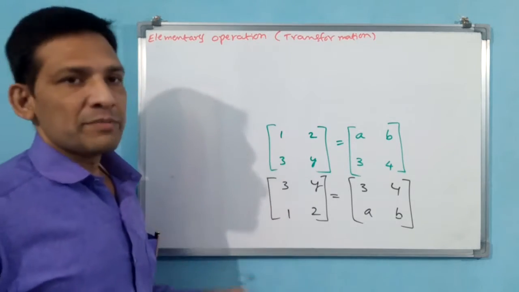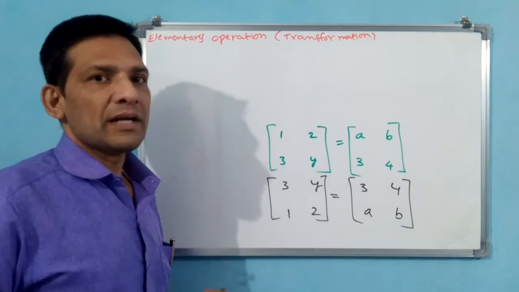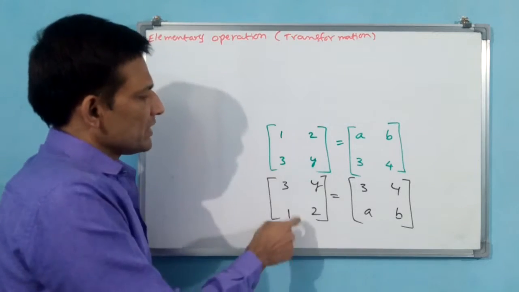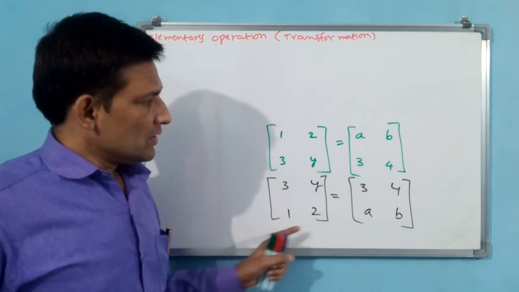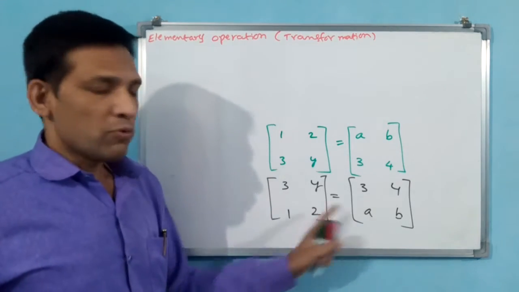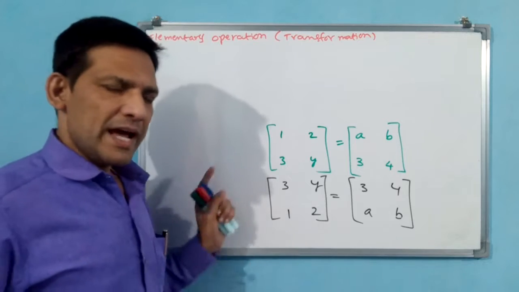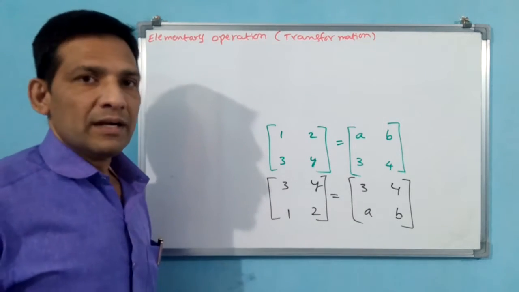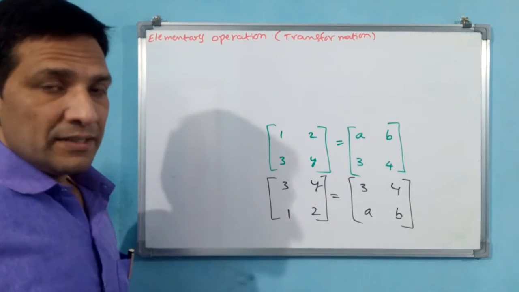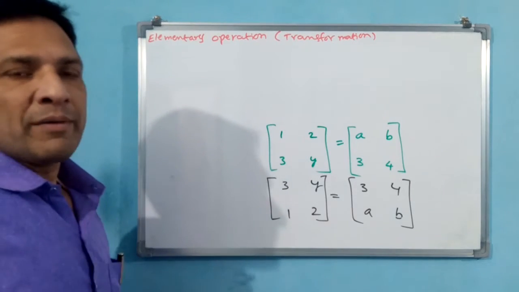That means the first row has become the second row and the second row has become the first row. While doing this, you have to do it on both sides, like squaring on both sides, adding on both sides, multiplication on both sides. This is called transformation or elementary operation.